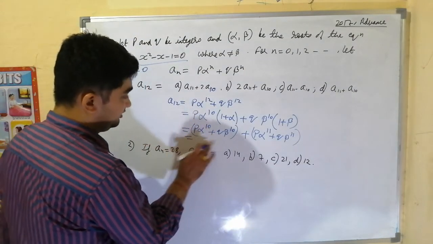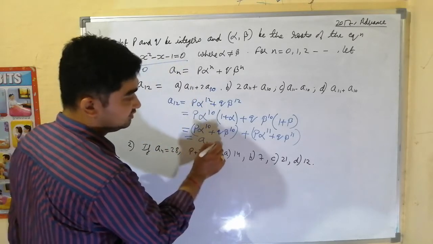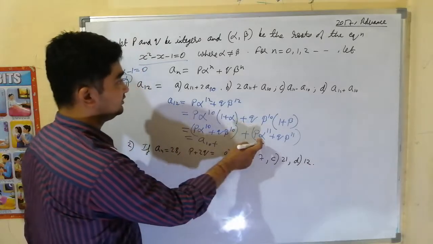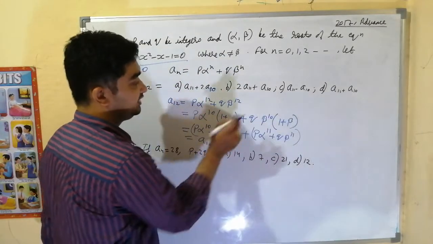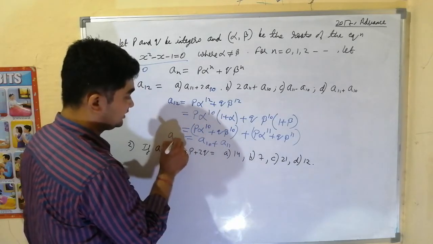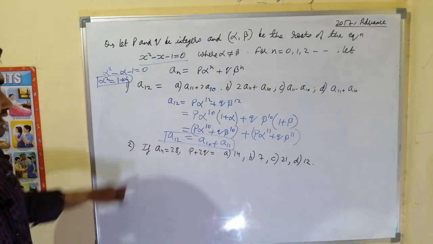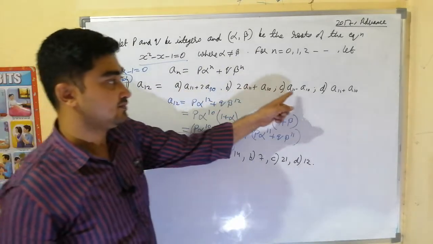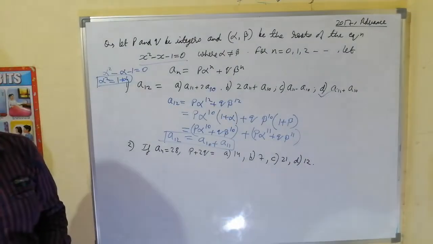Now this part is alpha power 10, sorry, it means it is a10. It is a10 plus this is a11. a11 is p alpha power 11 plus q beta power 11. So a12 becomes a10 plus a11. So which one is the correct answer? Correct answer is D. a12 is a10 plus a11.